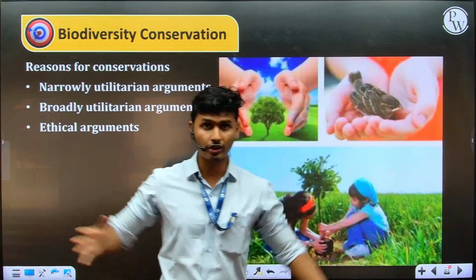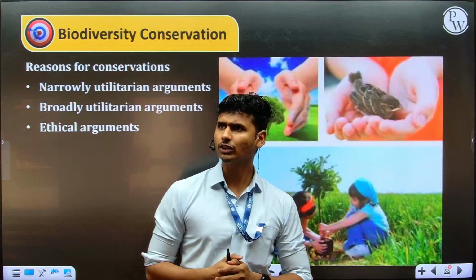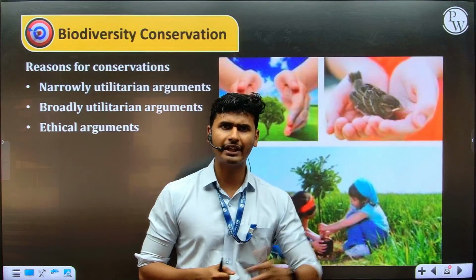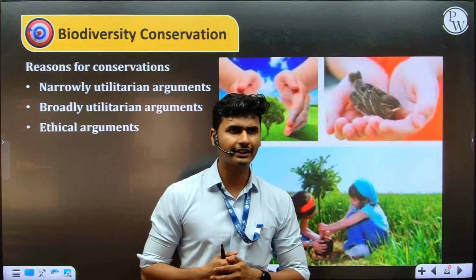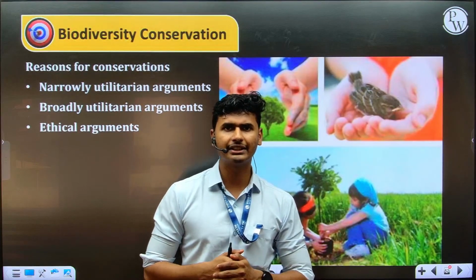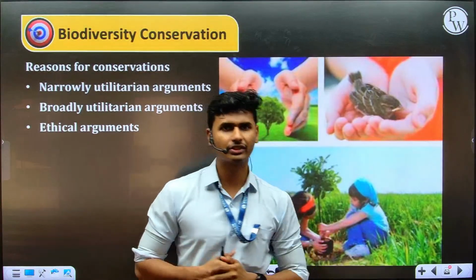Some of you think, sir, we are taking food from the forest, we are taking good oxygen from the forest, we are getting benefit from the forest. Due to this, we have to protect the forest.